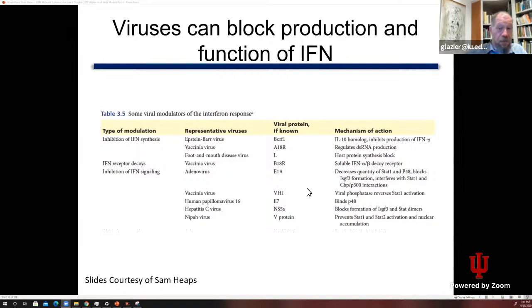The flip side, of course, is that evolutionarily, if the virus is too effective at killing off its host, and it only has one definitive host, then the virus dies out. And that leads to what's called coevolution, where at least at some level, in certain cases, when a virus has been living with a host species for a very long time, it tends not to be non-lethal, but to be less lethal.